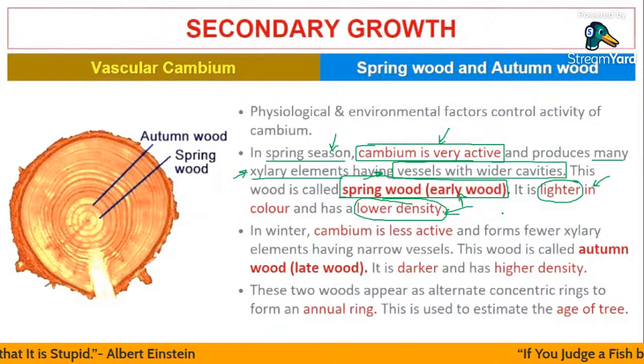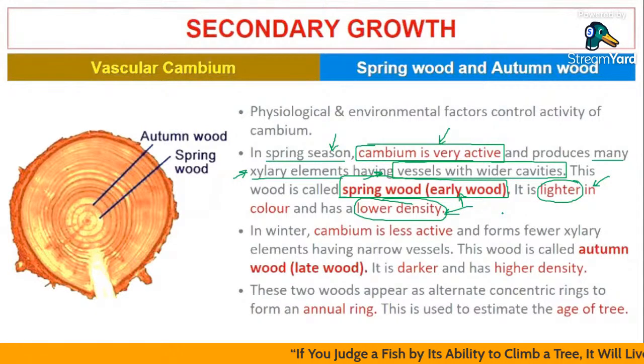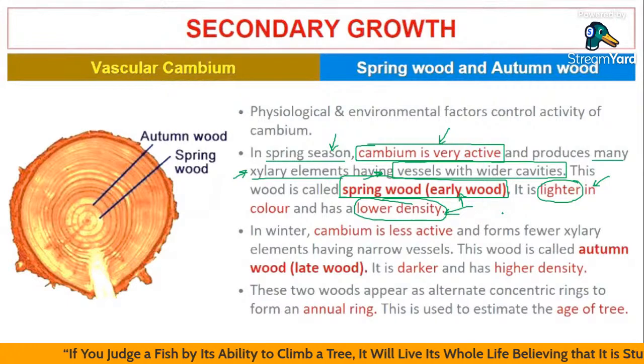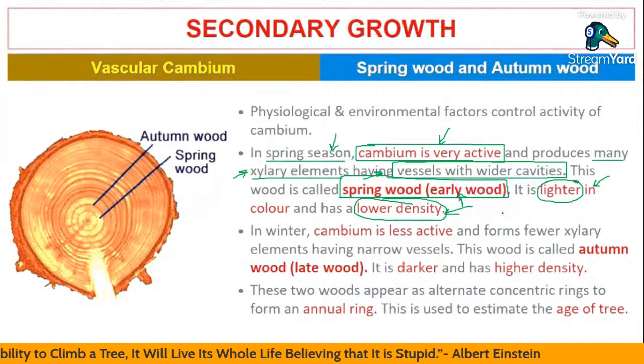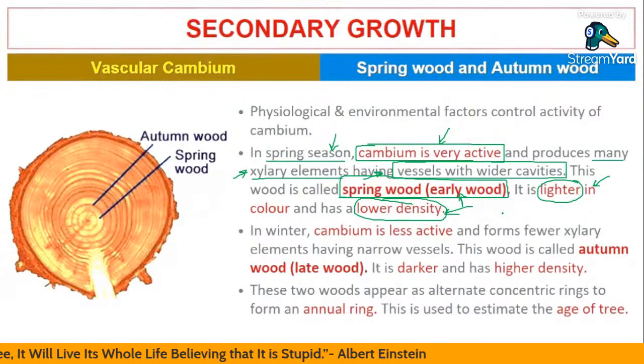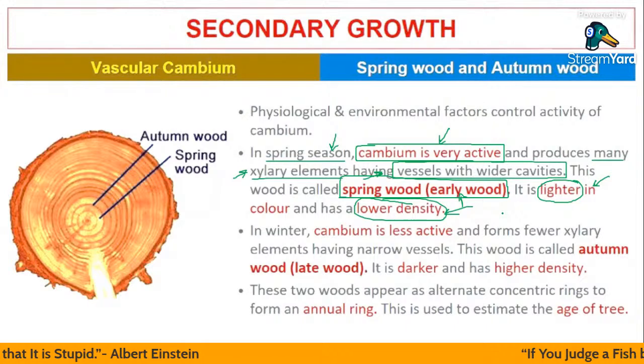What is spring wood? Spring wood is actually formed in the season of spring, where the cambium is very active during that period, and many xylem elements having vessels with wider cavities.